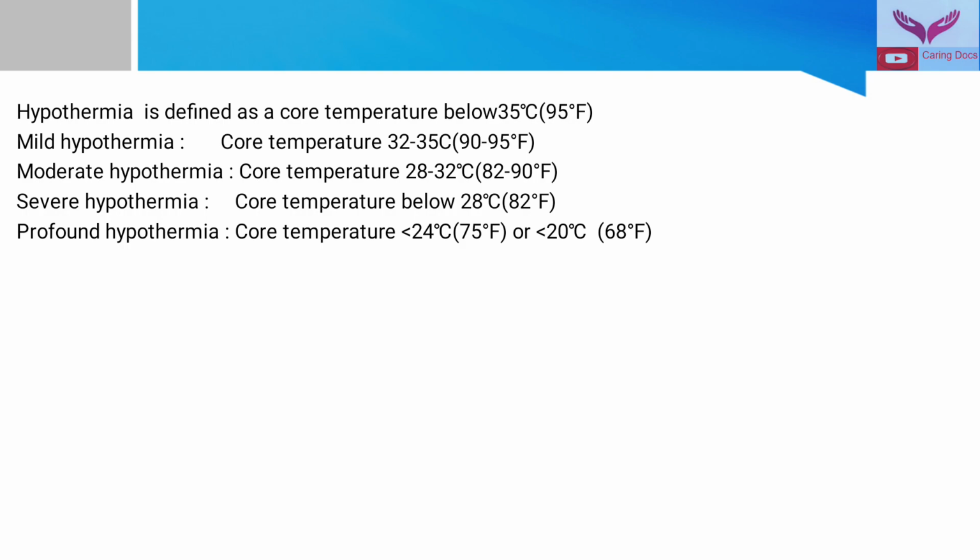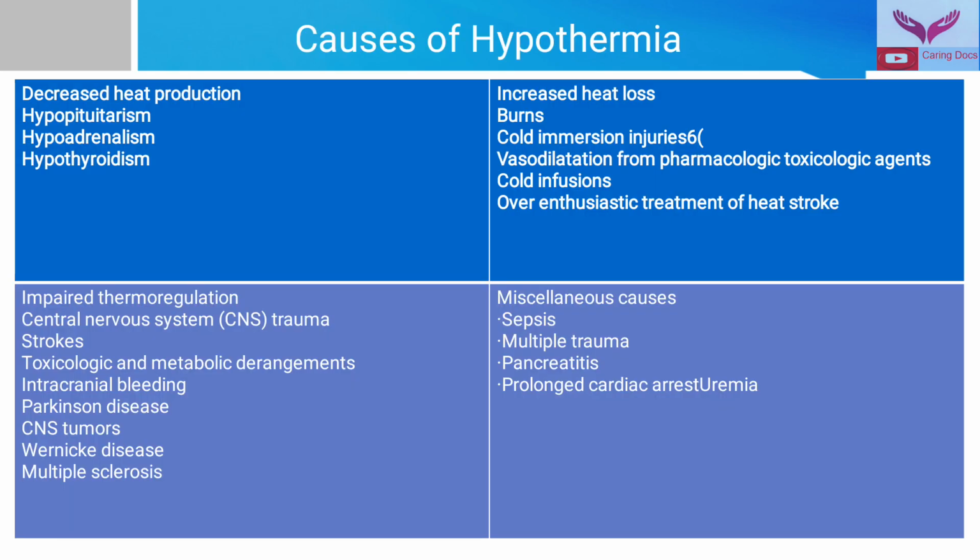Profound hypothermia is the term used when the temperature is below 68 degrees Fahrenheit. The causes of hypothermia are decreased heat production or increased heat loss.